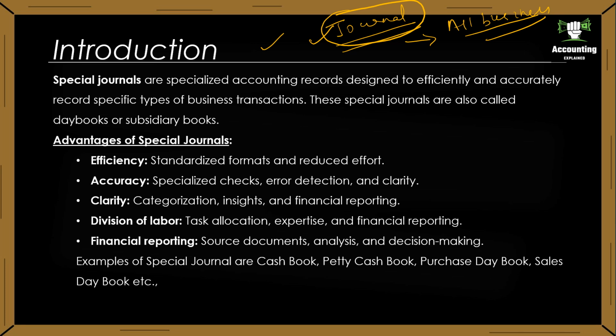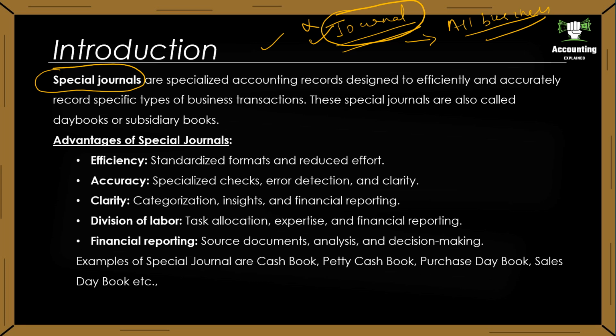In such case, only journal is not enough because there will be a lot of repetitive transactions taking place in that business. For example, we can say for repetitive transactions like cash and bank, purchases, sales, etc. In such cases, we will use special journals.